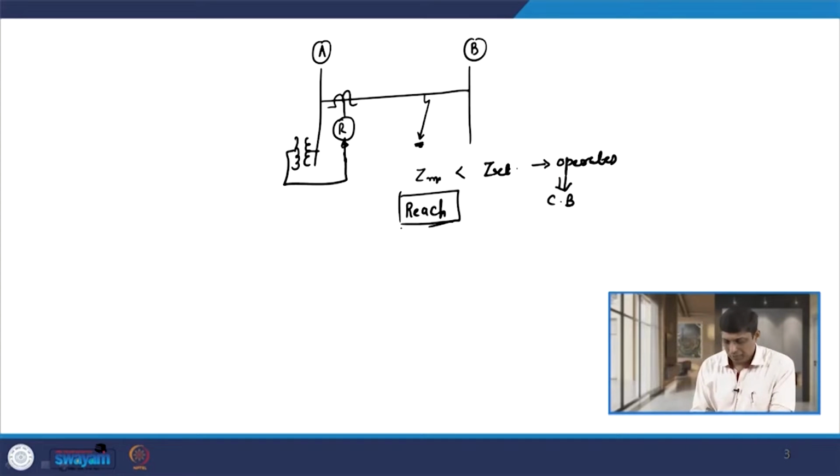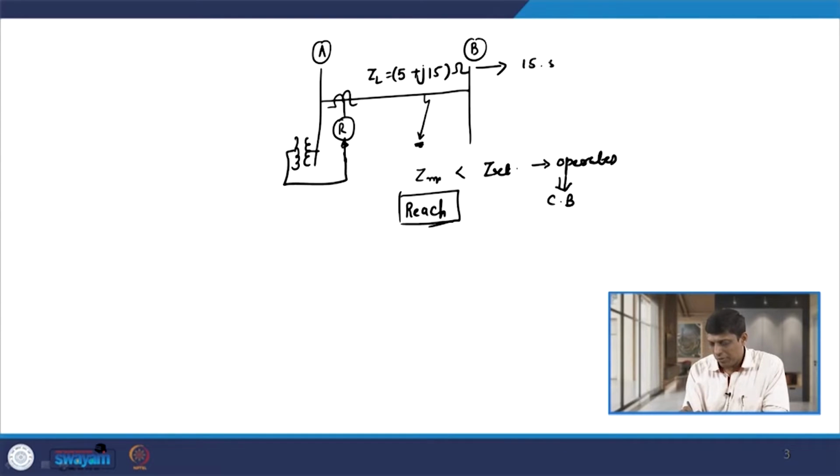For example, let us assume that this line has an impedance value of 5 plus j15 ohm. Converted to polar form, it is roughly 15.5 angle 76 degrees, since tan inverse of 15 by 5 is around 76 degrees.